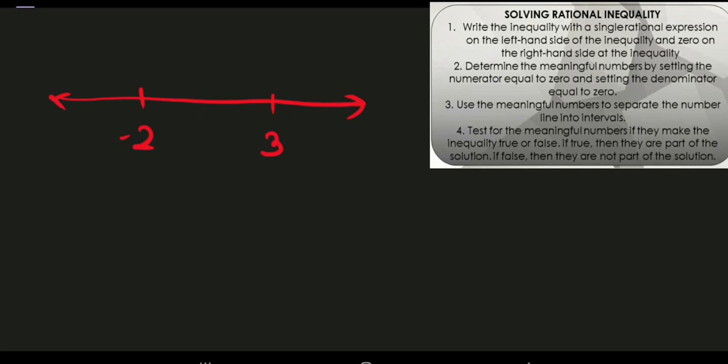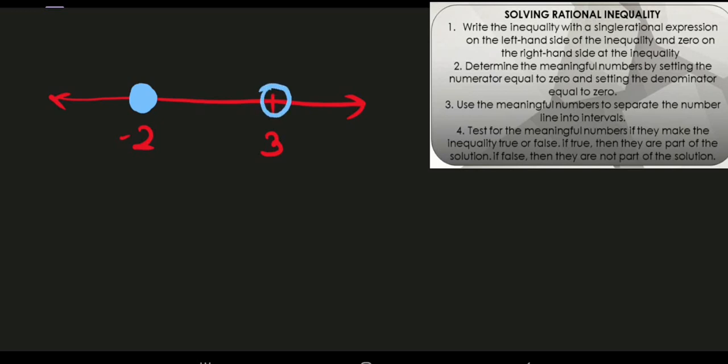Okay, so the tip here is, if the meaningful number is part of our solution, we need to use a solid dot to plot the point. Therefore, since negative 2 is part of our solution, we need to use a solid circle. And if that value is not part of our solution, since it will only serve as an interval boundary, we need to construct a hollow circle.